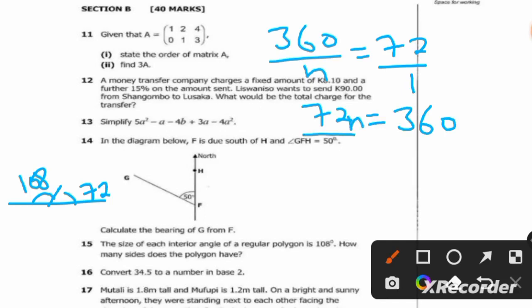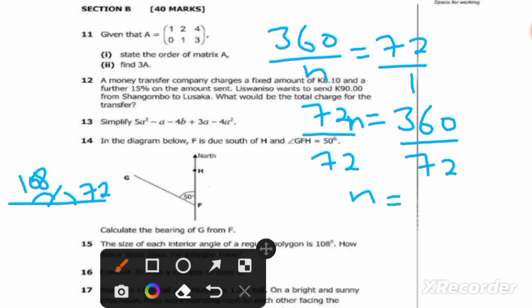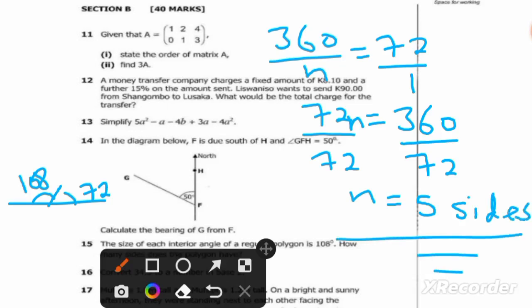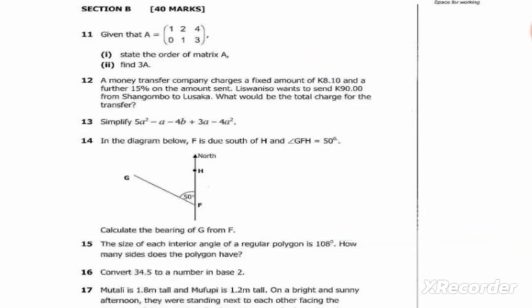Here divide by 72, even here divide by 72. The value of n is equal to 360 divided by 72, which is equal to 5 sides. So therefore the number of sides is equal to 5. You can either use the first method or you can use this one.